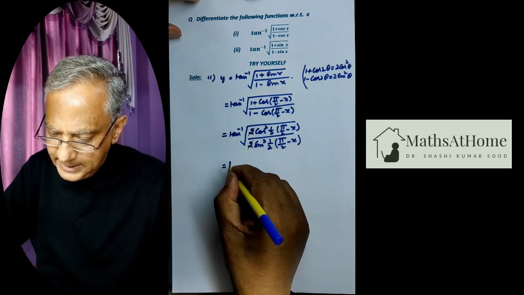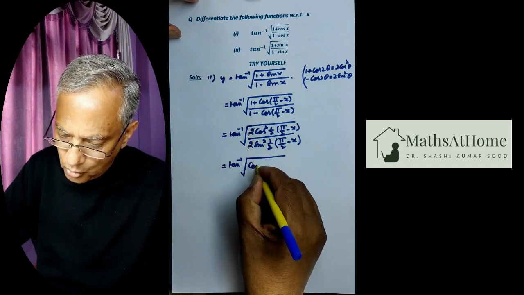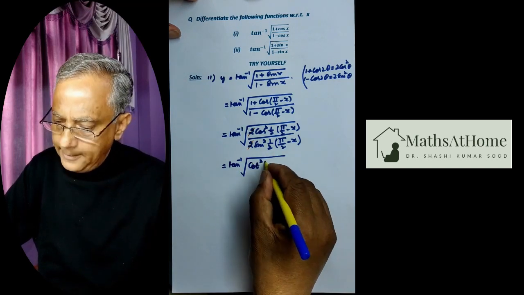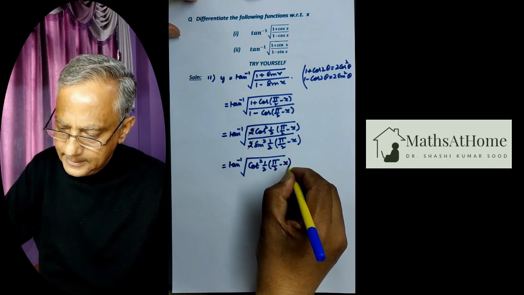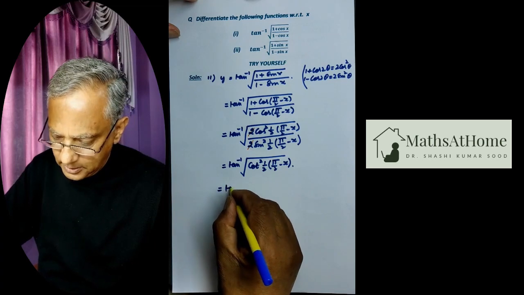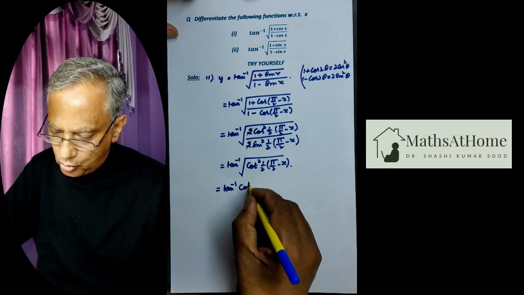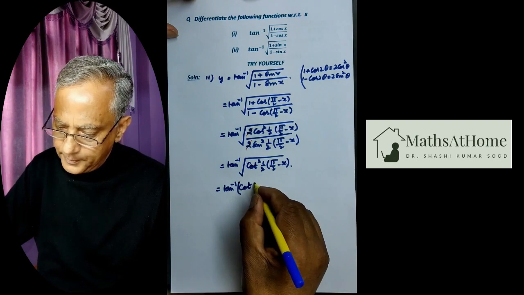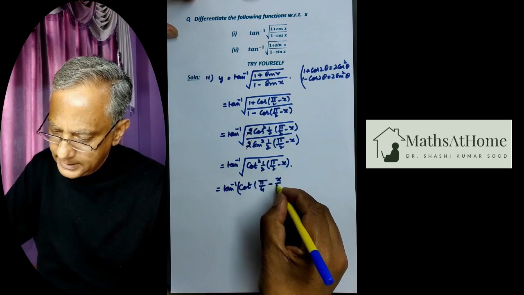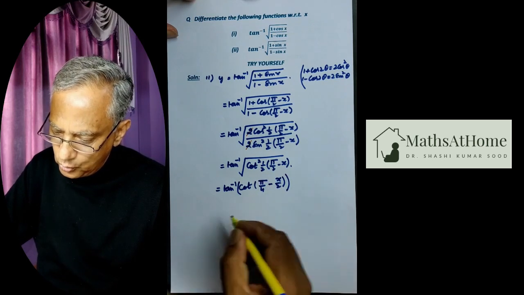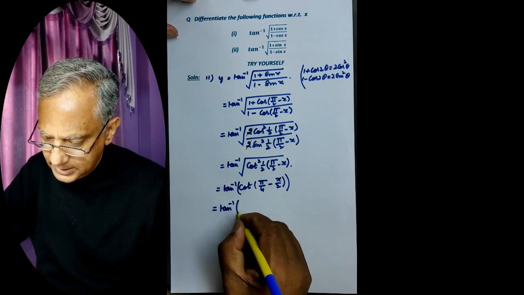Then write this as tan inverse under the root cot square 1 by 2 into pi by 2 minus x, and this is equal to tan inverse cotangent of pi by 4 minus x by 2.